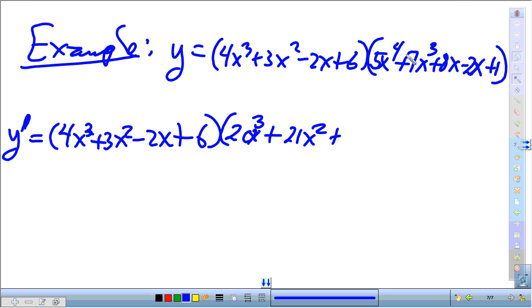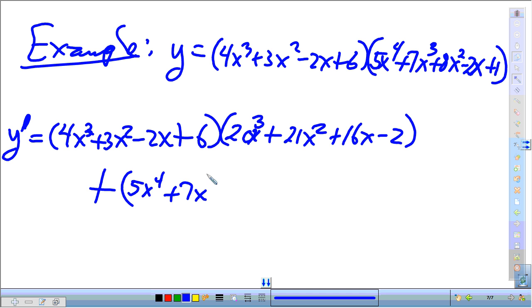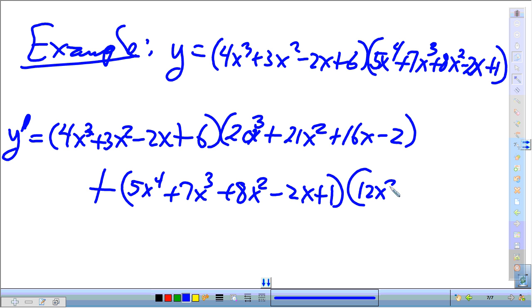Oops, sorry, let me do a little, I don't know what I said or what I erased. This originally should have been 8x squared, so that would make it 16x, derivative of the next term minus 2, and then a 0. And that's just part of it, because now I need this second function, 5x to the fourth plus 7x cubed plus 8x squared minus 2x plus 1, and the derivative of the first factor, 12x squared plus 6x minus 2.